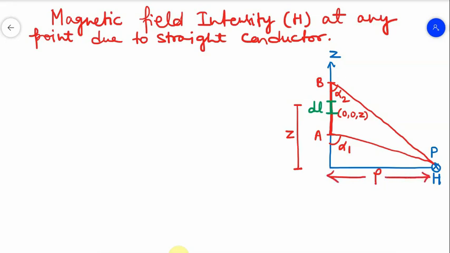So we are obviously following rho, phi and z, that is the cylindrical coordinate system. So considering the contribution dH at P due to an element dl.